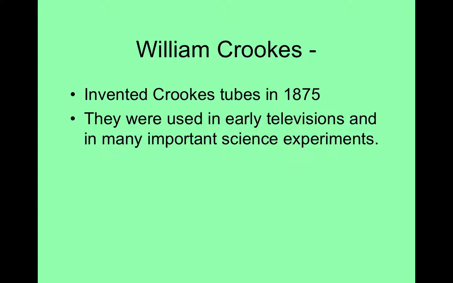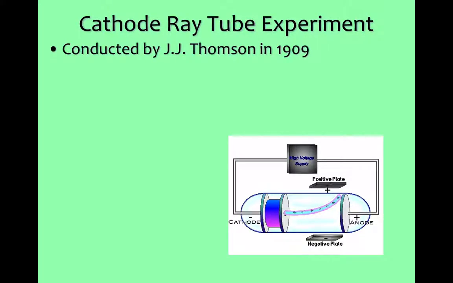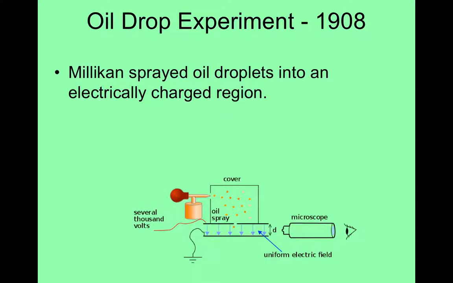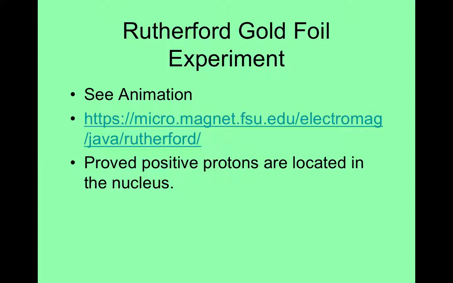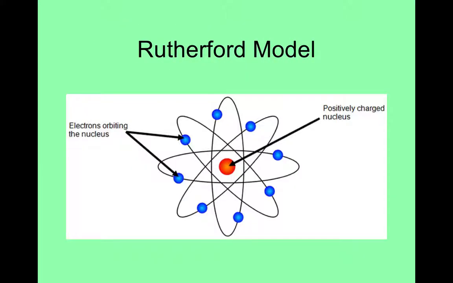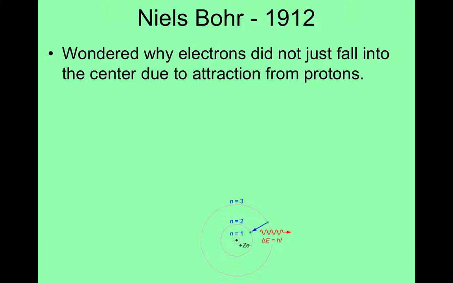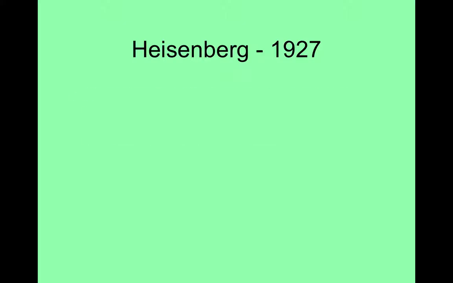William Crookes discovered the cathode ray tube, which allowed Thomson's experiments to work. Thomson developed the plum pudding model, but then Millikan and especially Rutherford went back and looked at that and reformatted the model. And other scientists advanced as well.